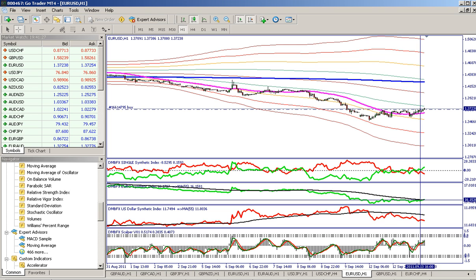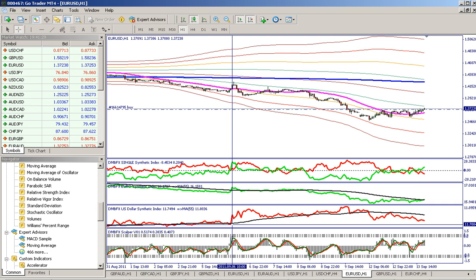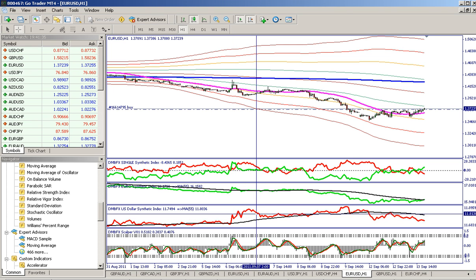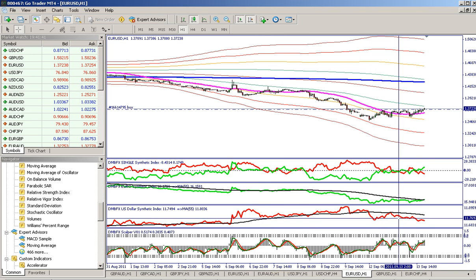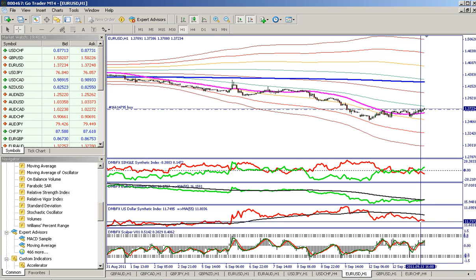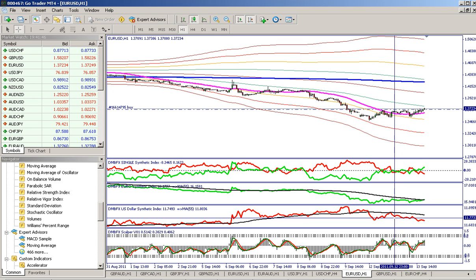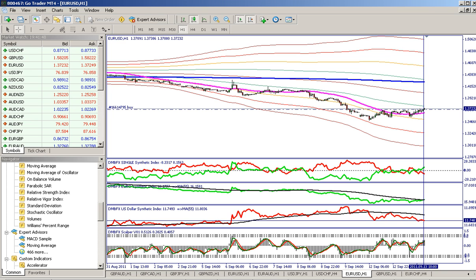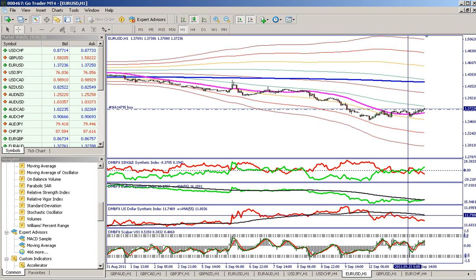By the same token, if you look at the dollar here, you'll see that there have been periods when it's been way up from the long-term moving average and periods when it's been down, and for the past time it has been down. It's been below the black long-term moving average line here.